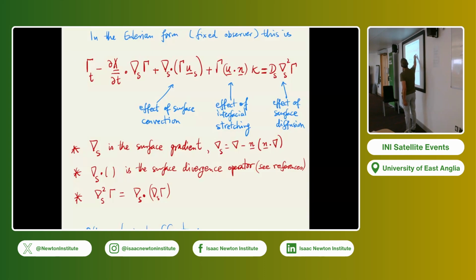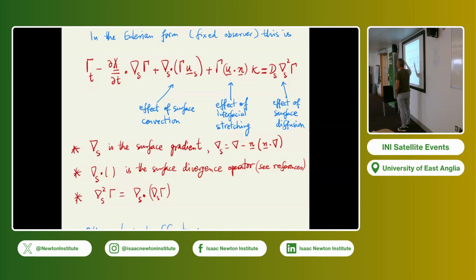I derived this in an Eulerian frame. That's why you get these weird terms. But if you want to do any analysis, it's probably better to be in an Eulerian frame. And that's where this term arises from.